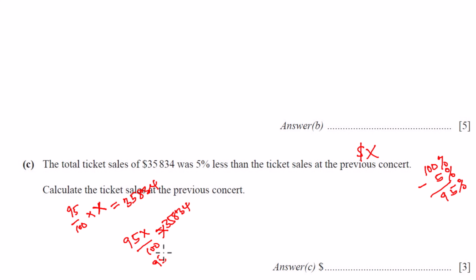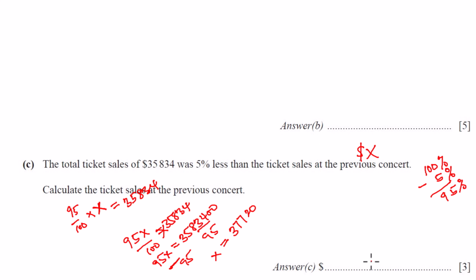This means that 95x is equal to 3583400. Divide both sides by 95. Whatever you get from here is your final answer. By my calculator here, 3583400 divided by 95, what I'm getting here is 37720.